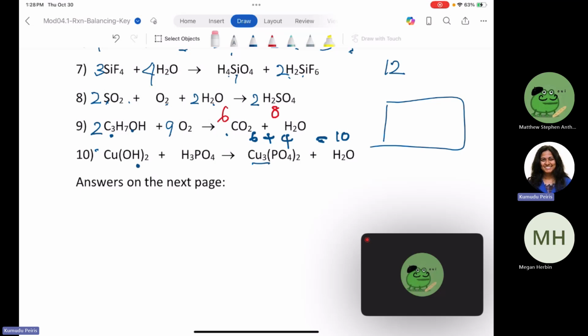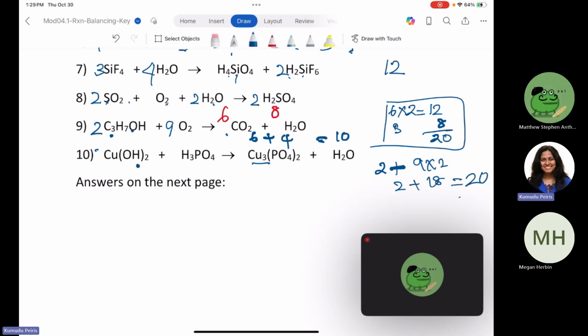Is that correct now? Let's count the number of oxygens in the product side. 6 by 2 equals 12, and 8 will be equal to 20. Right, the reactant side, 2, and 9 times 2 would be 18.